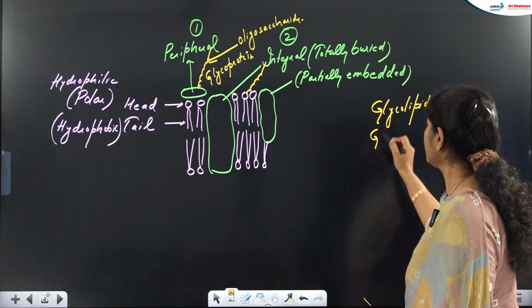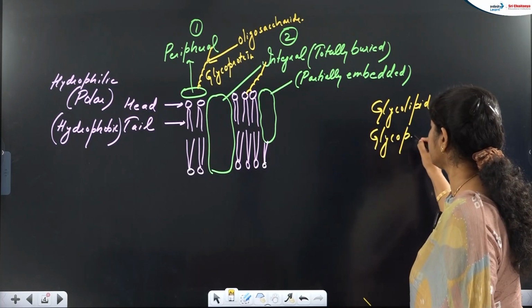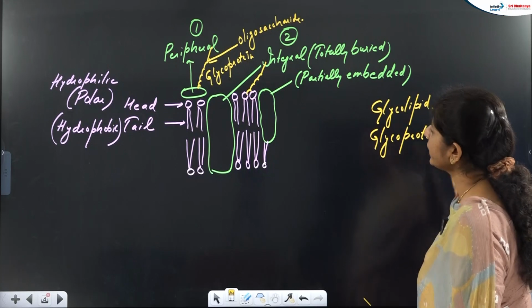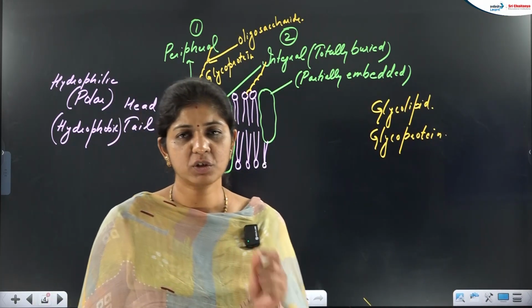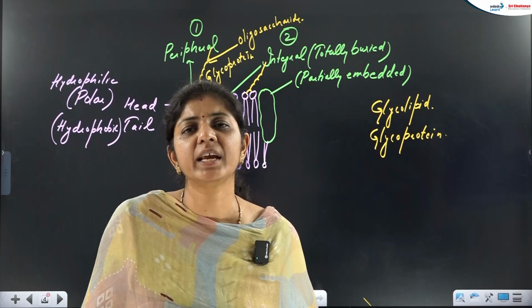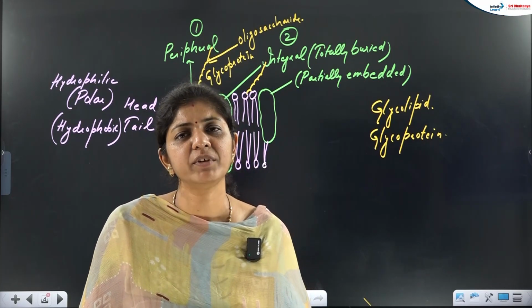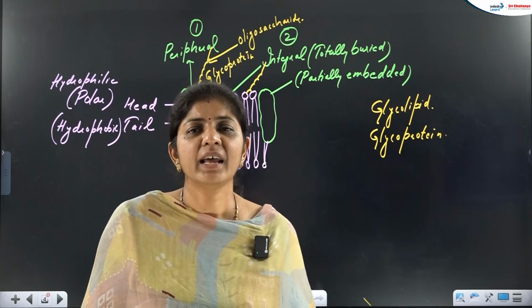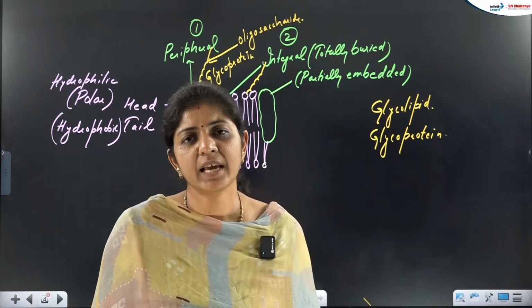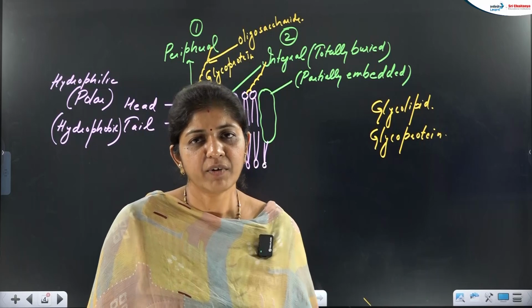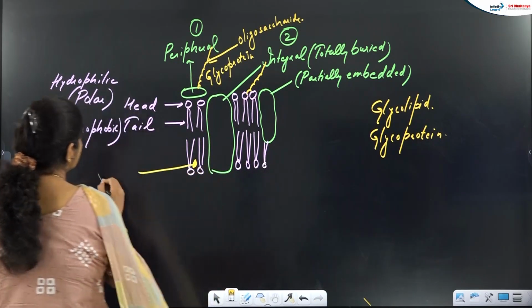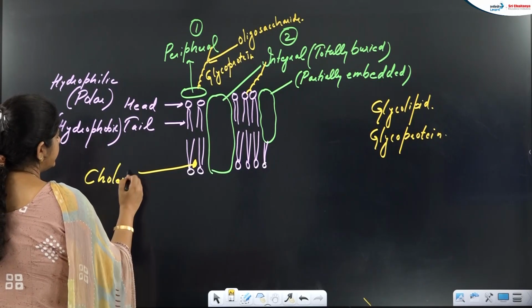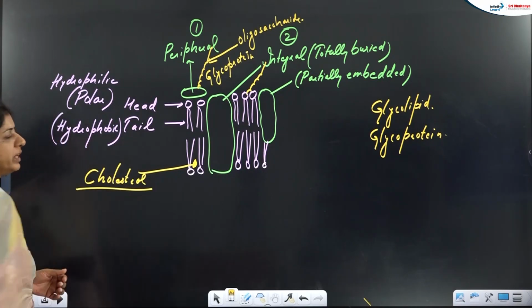And the protein, what do you call it? Glycoprotein, to which the oligosaccharide, the sugar part, is going to attach. Just now I said RBC has 8% oligosaccharide, which are the sugars. So they are attached toward the outer side of the cell, not toward the inner side. Fine. And among the lipids, you will find here even the cholesterol, which helps to give the fluidity.